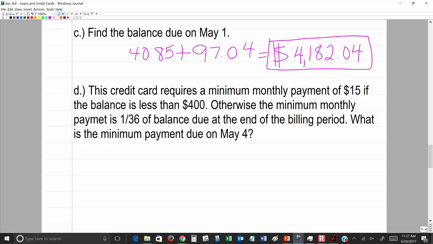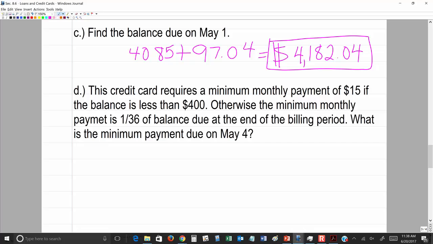So it says this credit card requires a minimum monthly payment of $15 if the balance is less than $400. Otherwise, the minimum monthly payment is 1/36th of the balance due at the end of the billing period. So what is the minimum payment due on May 4th?